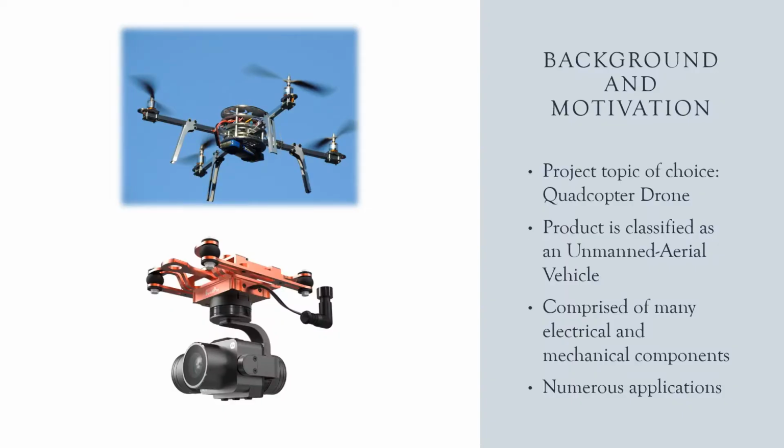As a group, we chose to pursue the design of a quadcopter drone, which is pictured in this slide. A quadcopter drone falls under the category of an unmanned aerial vehicle, or UAV. UAV aircraft can be operated without assistance of onboard crew members. Typically piloted remotely, these vehicles can range in size based on their applications and usage.